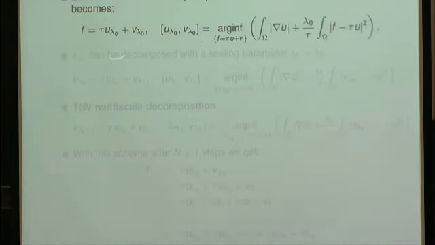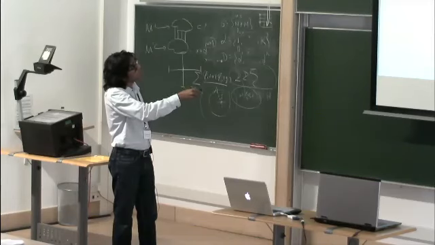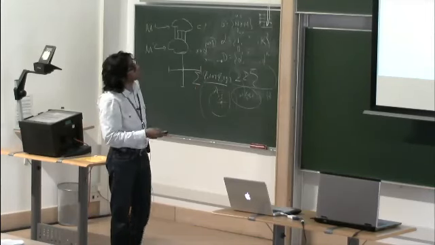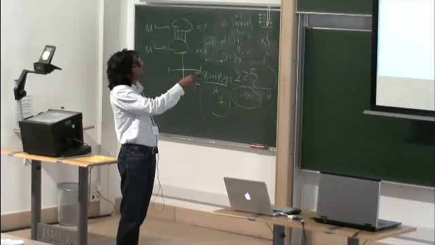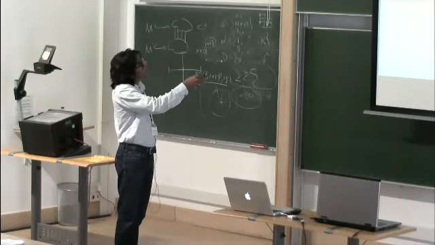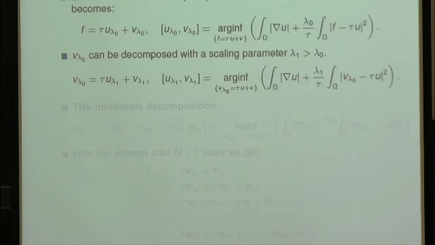So, here is again the Rudin-Osher-Fatemi decomposition with an intensity quanta. This is basically a constant, and you try to solve this problem with this quanta here. Then you decompose f into u lambda 0 plus v lambda 0, and then again you take this v lambda 0 and decompose it again using lambda 1 now, and you keep on doing this.